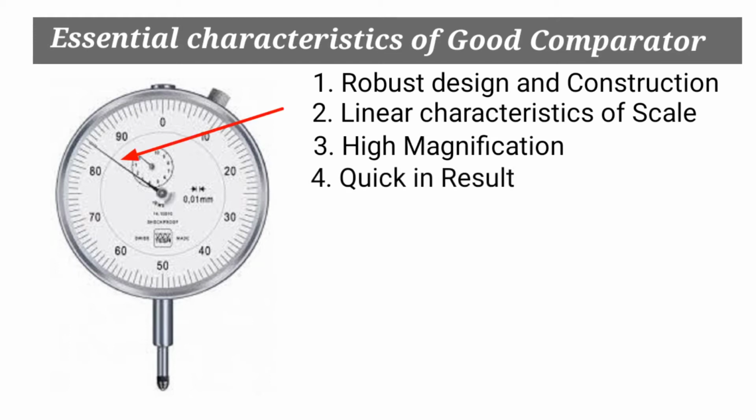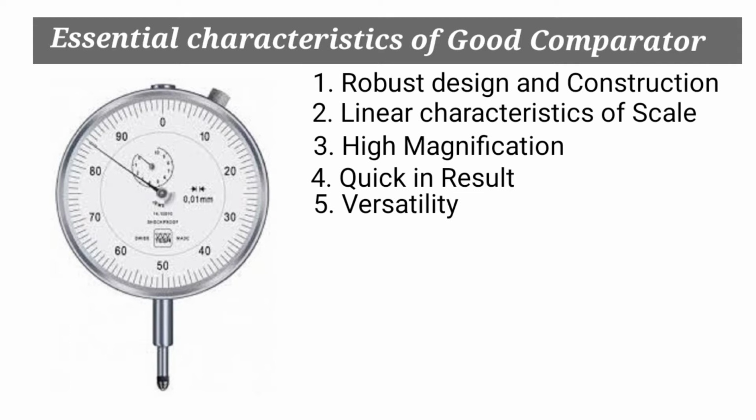The indicating system should be such that the readings are obtained in the least possible time. The instrument should be designed so that it can be used for a wide range of measurements such as linear and angular measurements, outer diameter, inner diameter.